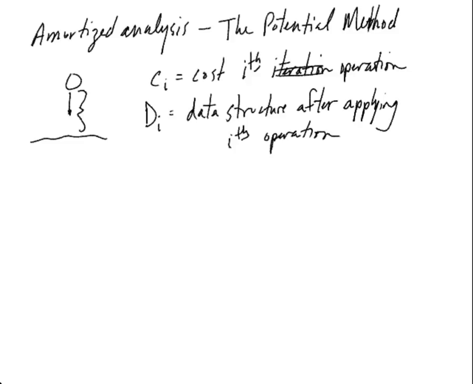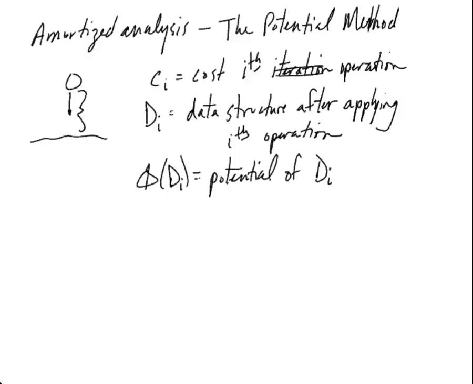So whatever state the data structure is in is D sub I. And we're going to represent with phi of D sub I, some function of D sub I, that's going to be the potential of D sub I.